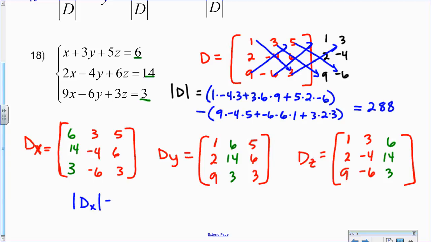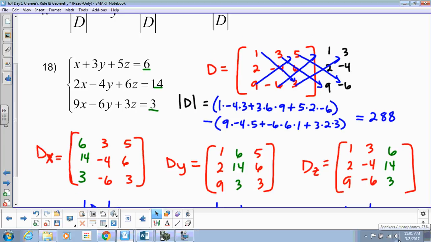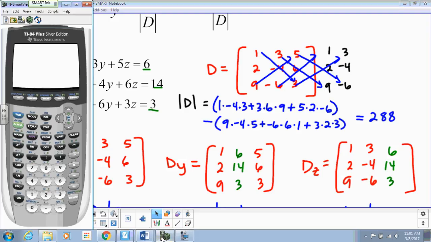I always type these into matrix A, so I just keep editing matrix A. The reason is that I can then do the same calculation and call up my last operation. So I'll show you. I need to go to second, matrix, over to edit.